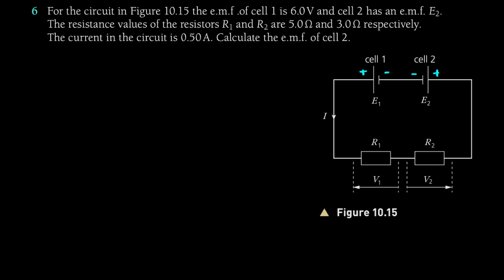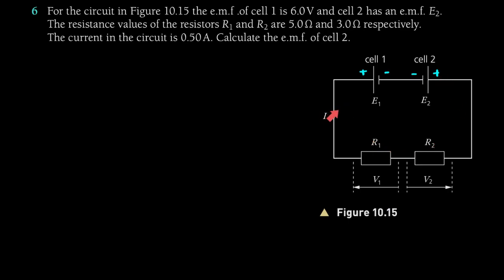So let's do this: E1, the EMF source of cell 1, we are going to take as positive because that's exactly how I is flowing. But E2 we are going to take as negative because E2 says that the current should flow like this, whereas actually it's marked like this.